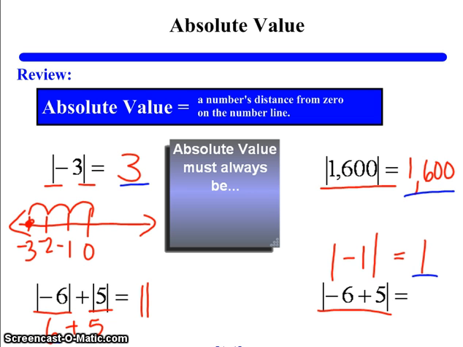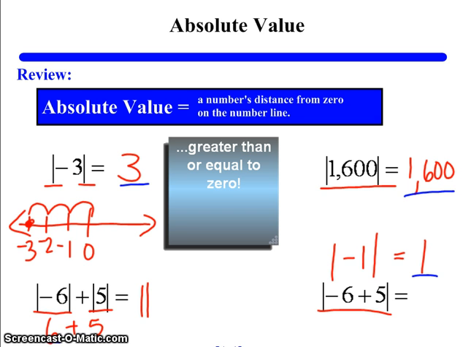What do all of those answers have in common? They are greater than or equal to 0. So in other words, the answer to an absolute value problem is always going to be a positive value because we're asking for a distance, and distance has to be positive.